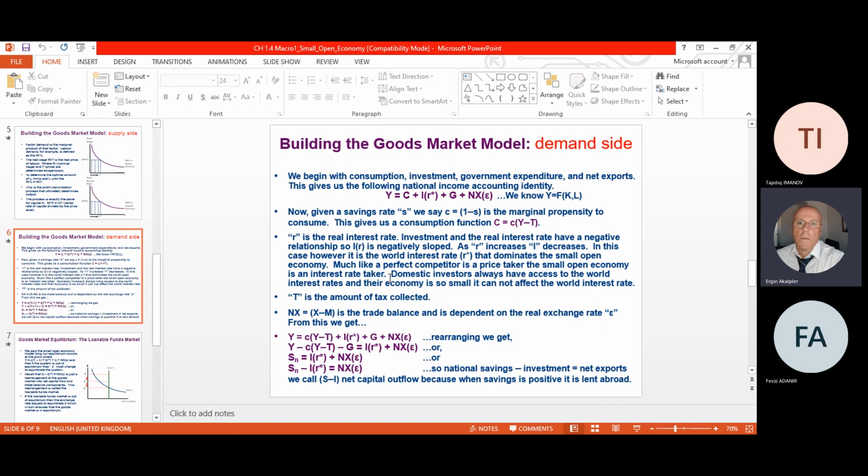Therefore, saving is the amount of money which is not distributed to consumption. And if the saving rate is 20%, we suppose the investment is also 20%. But this is mostly affected by the interest rate, the nominal interest rate, or you may say the real interest rate if it is divided by the price.